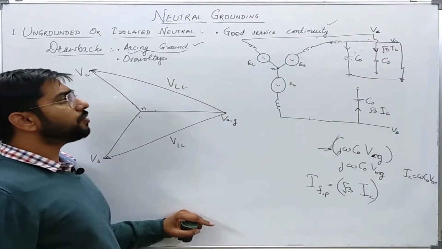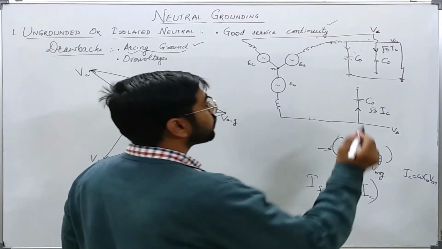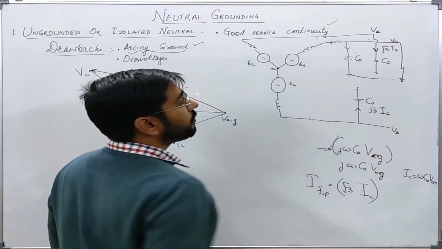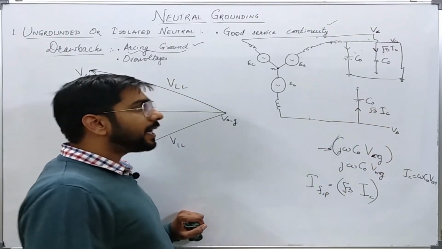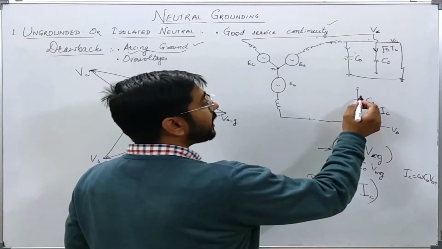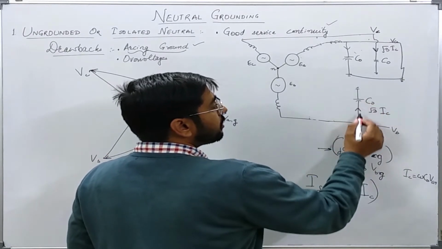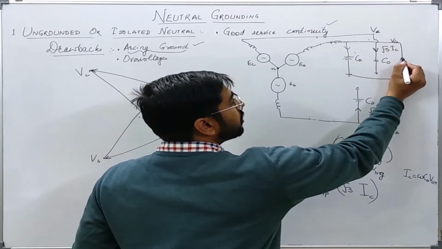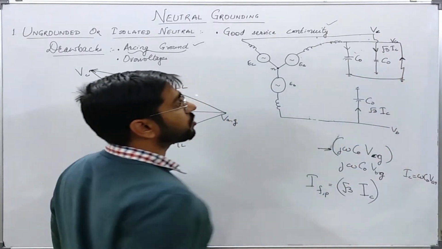Now these currents will try to find a return path. So what will they do? They will go to ground and return from ground like this to the source.